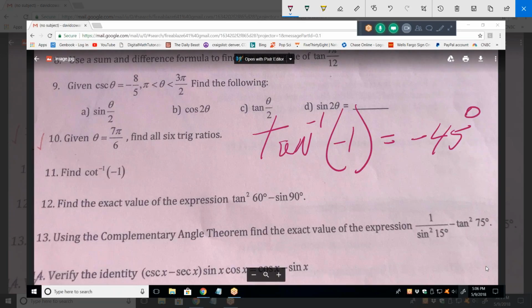You're not going to get the second quadrant answer, which happens to be 135 degrees. And yet, when you did cotangent, you did get 135 degrees. That's astounding to me. I actually think that that's a bug in your calculator. I truly do.